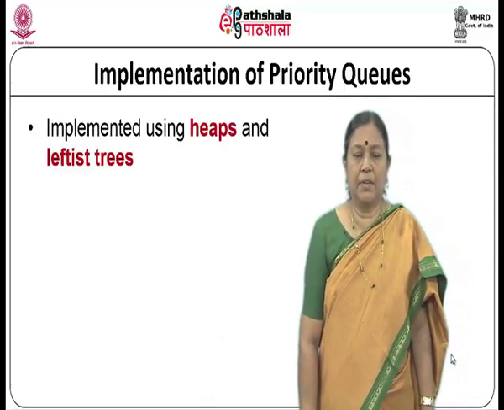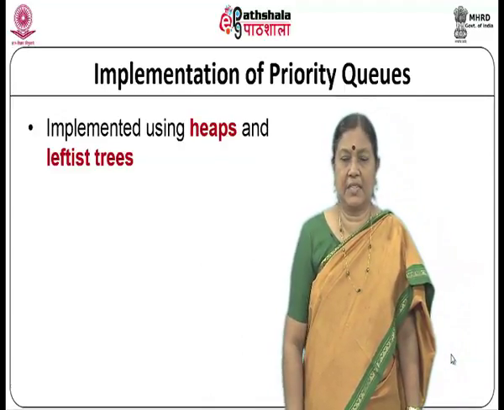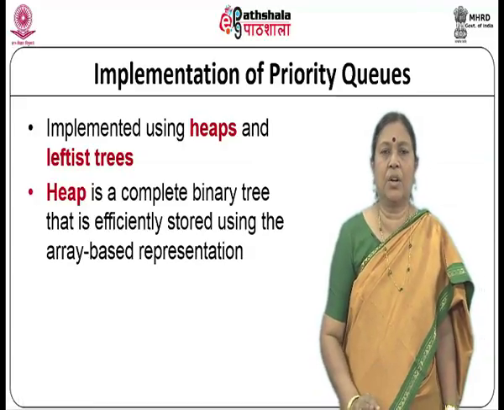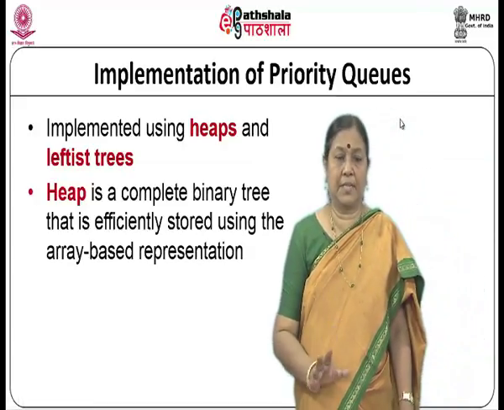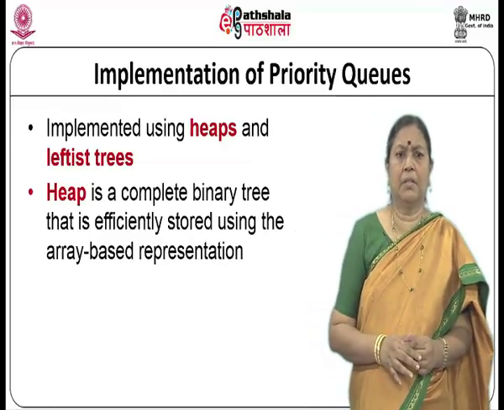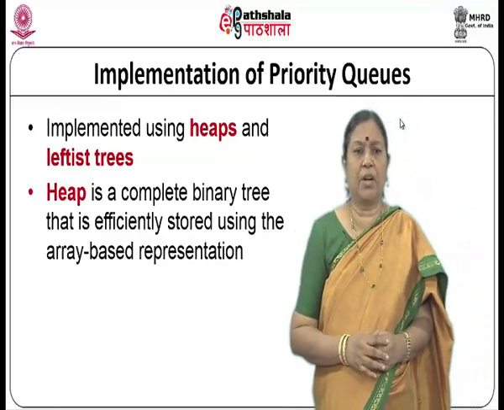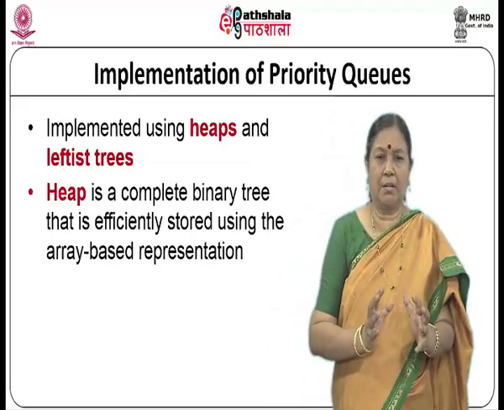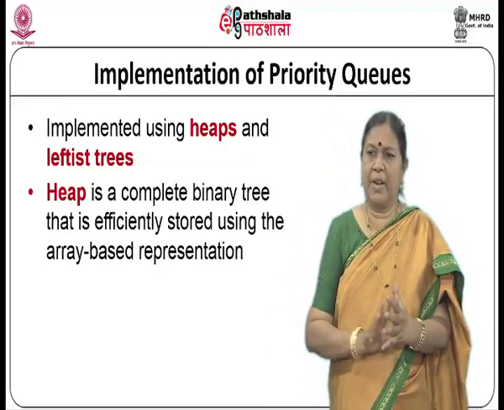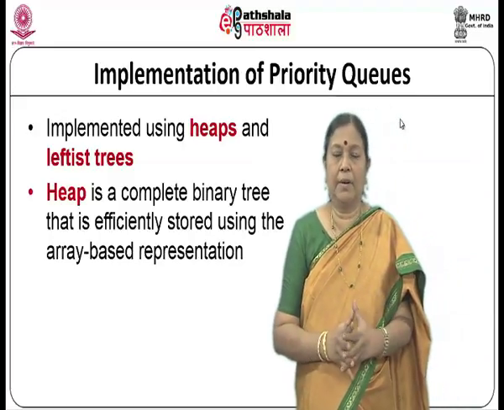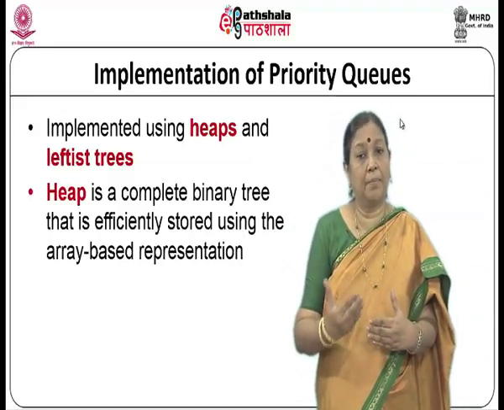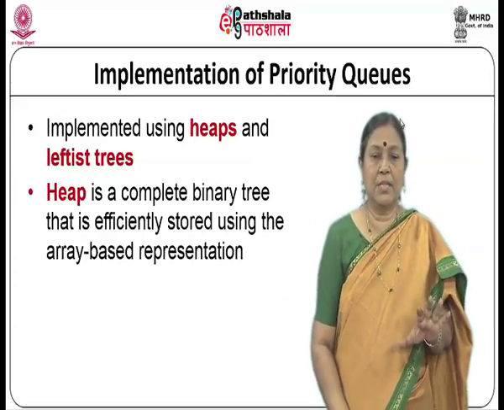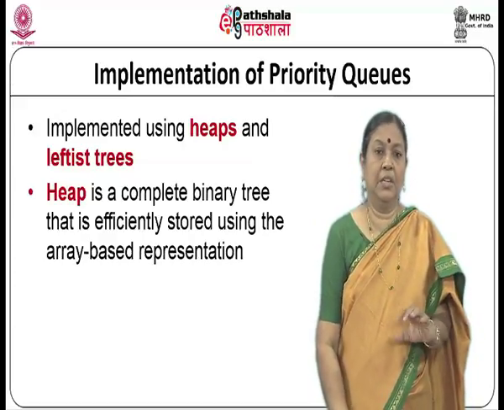This is implemented using heaps and leftist trees. A heap is a complete binary structure that is efficiently stored using an array based representation. Later on, when we talk about trees, we will talk a little bit about array based representation. Here we are just looking at a small application of binary tree. We are not going into trees in detail, but we are looking at how the heap is a complete binary tree, which I will explain later, and it uses an array based representation.